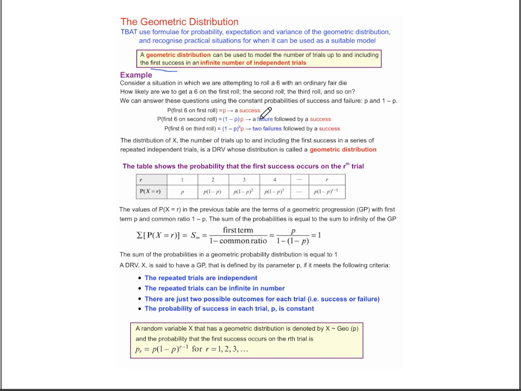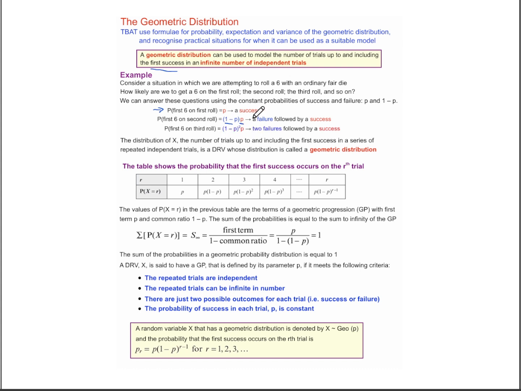The way we answer this is using the constant probabilities that are there for success and failure. So, for example, if you want the probability of getting a 6 on the first roll, that will just be getting a success on the first roll, which is 1 over 6. If you want the probability of getting your first 6 on the second roll, that means your first roll has to be a failure and your second roll has to be a success.